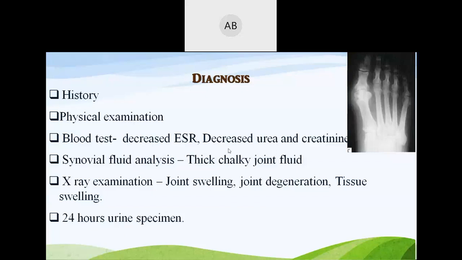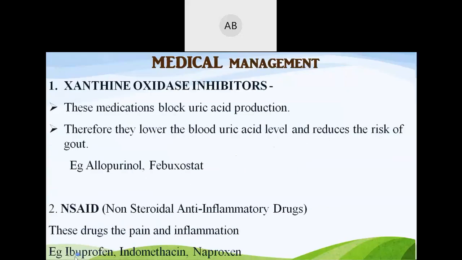The level of urea and creatinine also can be monitored. Then synovial fluid analysis, where you can see a thick chalky joint fluid. X-rays can be done to check for swelling or degeneration, and even a 24 hour urine specimen can be done.